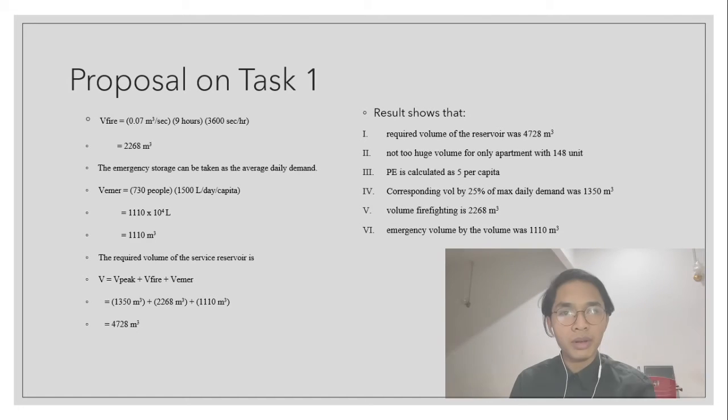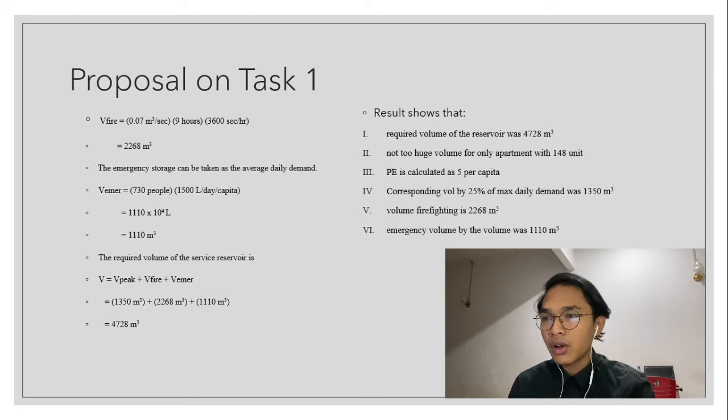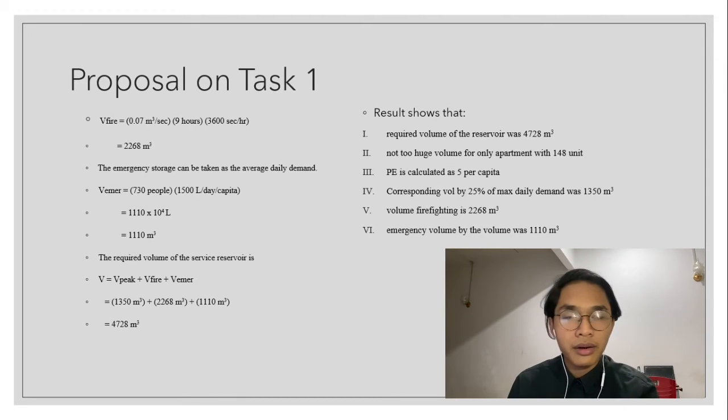Assalamualaikum warahmatullahi wabarakatuh. My name is Muhammad Arif Syafiq bin Muhammad Syafi'i. I will continue the calculation from task 1. We need to find the volume for firefighting. For the fire flow, we use 4,100 liters per minute. This value we get from JKR standards, and the firefighting must be maintained for at least 9 hours.